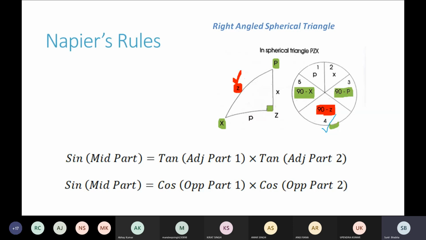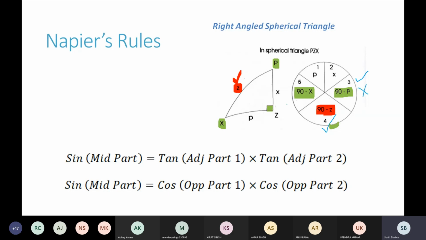Because अगर मैं नंबर 4 को मिडिल पार्ट लेता हूं तो 3 and 5 ये दोनों के दोनों इसके एडजेसेंट पार्ट बन जाते हैं. अगर मैं 3 या 5 में से किसी को अपना मिडिल पार्ट लेता हूं, लेट अस से इफ आई ट्राई टू मेक नंबर 3 एज माय मिडिल पार्ट, तो नंबर 4 तो एडजेसेंट हो जाएगा, नंबर 5 ऑपोजिट हो जाएगा. तो हमारे फॉर्मूला में ऐसा कोई फॉर्मूला नहीं है जिसमें एक एडजेसेंट हो और दूसरा ऑपोजिट हो. आइदर बोथ शुड बी एडजेसेंट और बोथ शुड बी ऑपोजिट.